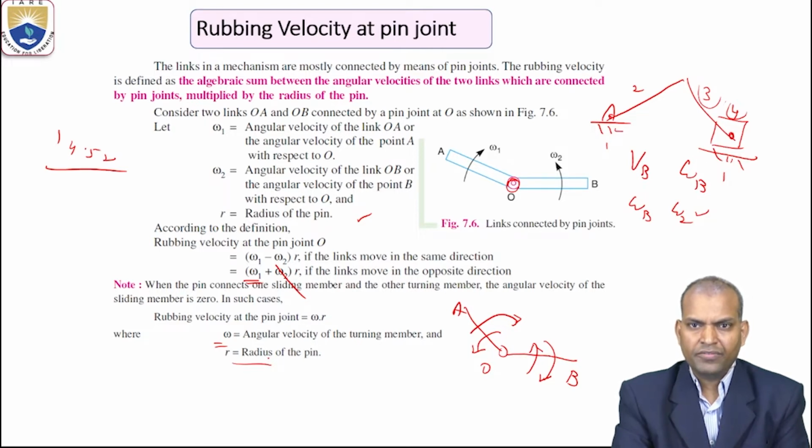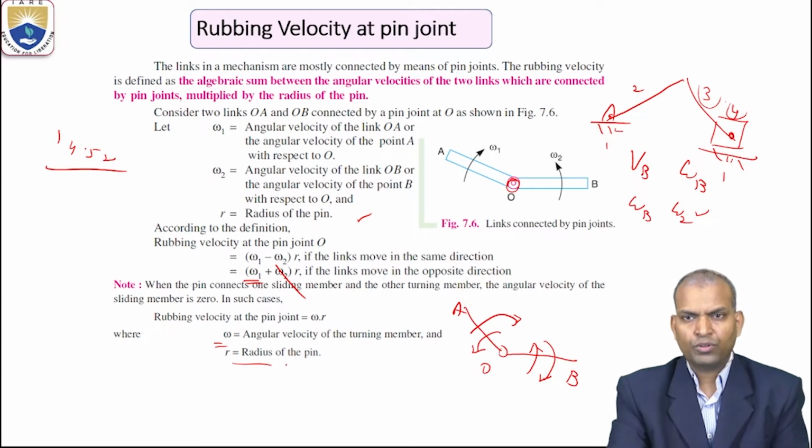Alright, this is the way one finds the rubbing velocity at a pin joint. Okay, now the rubbing velocity can be observed when the two links are rotating in opposite directions.